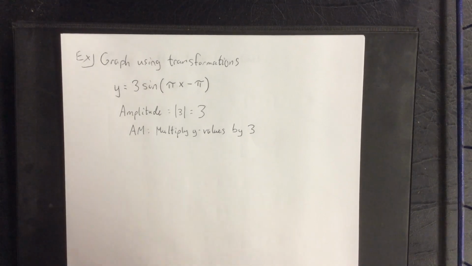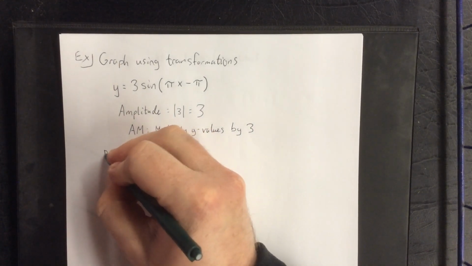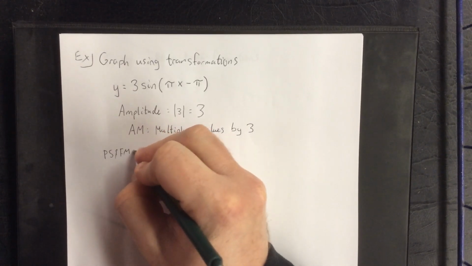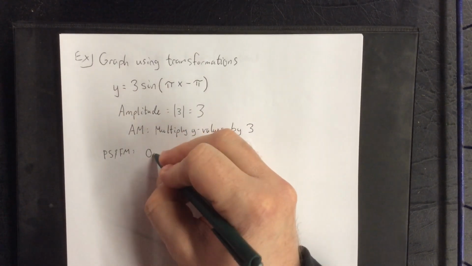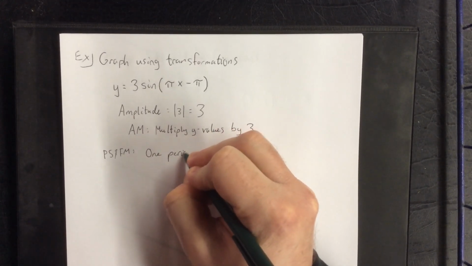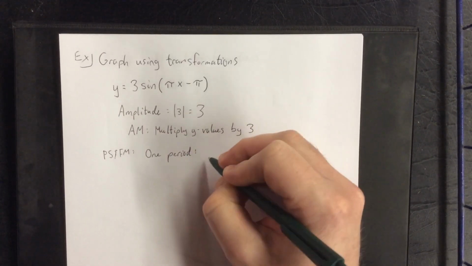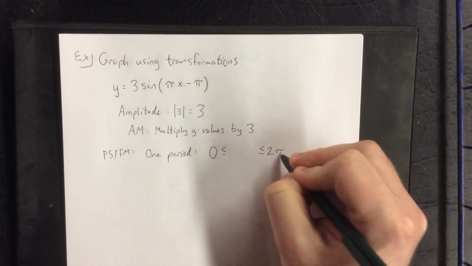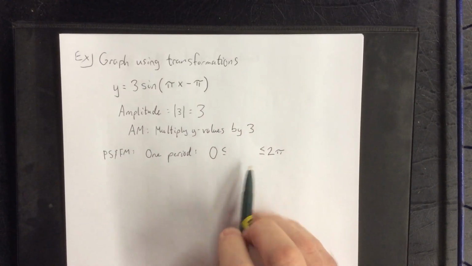Now for our horizontal transformations, that'll be for both the phase shift as well as the frequency modulation. We're going to take a look at what happens over the course of one period. One period should go from 0 to 2 pi, with the angle being on the inside.